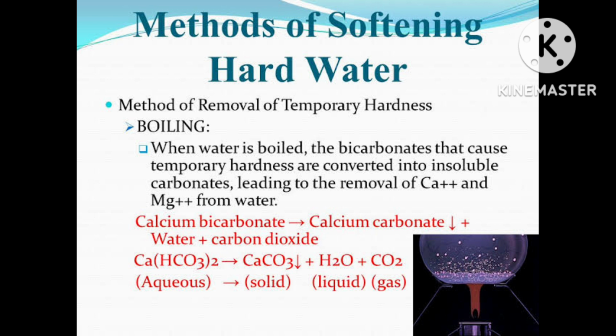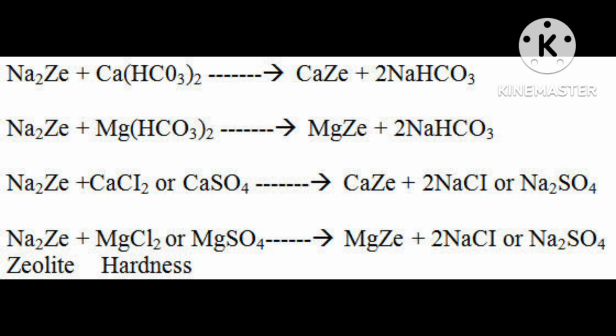It is insoluble and heavy, so it will settle down and come out as a precipitate, which is called scum. The two sodium ions go to the solution. Here capital M is calcium or magnesium.